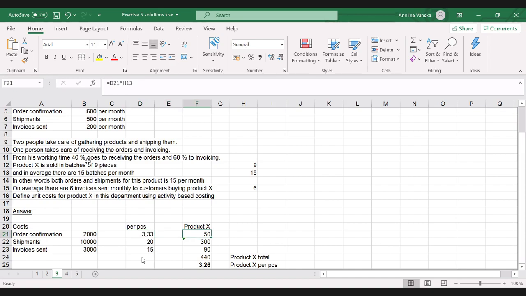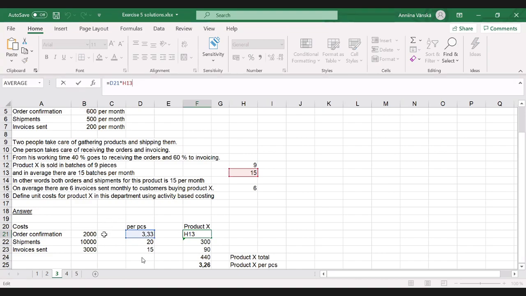Then we have the product X. So here is the total for the department, and then we need to calculate for the specific product. The product X is sold in batches of 9 pieces, 15 batches per month, and there are 6 invoices sent on a monthly basis to customers. So first, order confirmation, 15. It was said here that both orders and shipments for this product are 15 times per month.